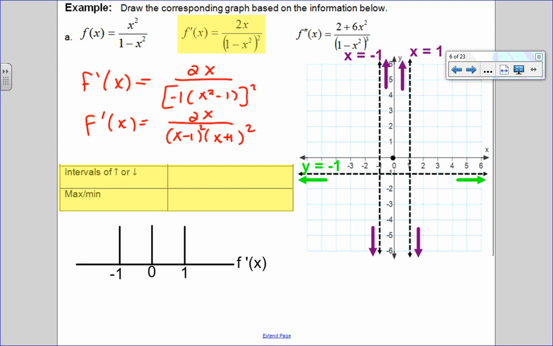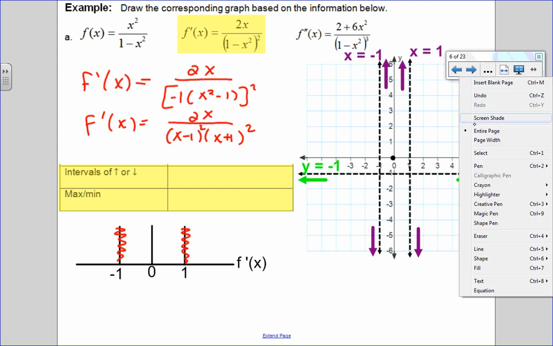So let's look at the critical values. In the numerator, I have a critical value of 0, and in the denominator, I have restrictions of positive and negative 1. So setting up my number line, remember that negative 1 and positive 1 are not defined in the original function because they are vertical asymptotes. Let's look at the intervals of increase and decrease for this.